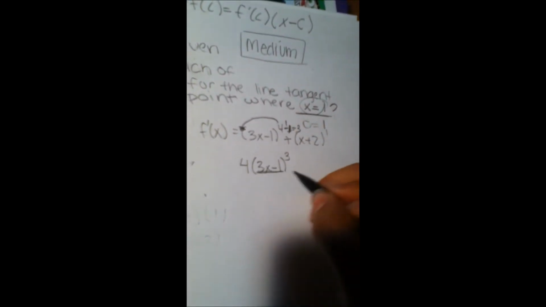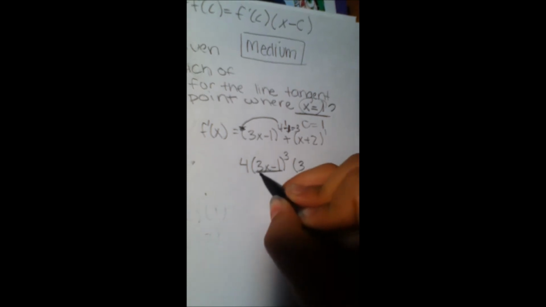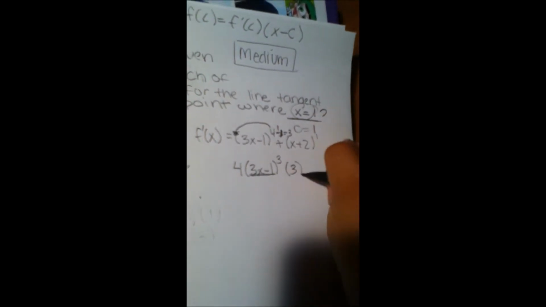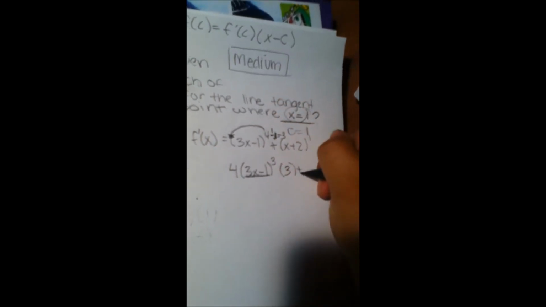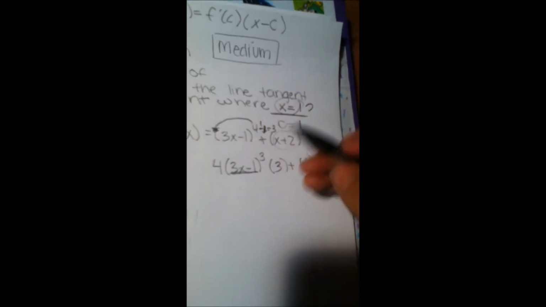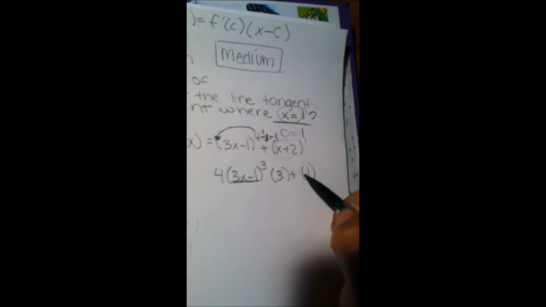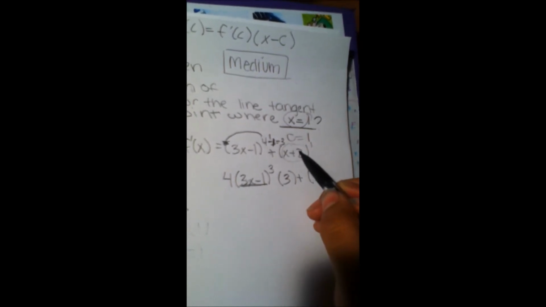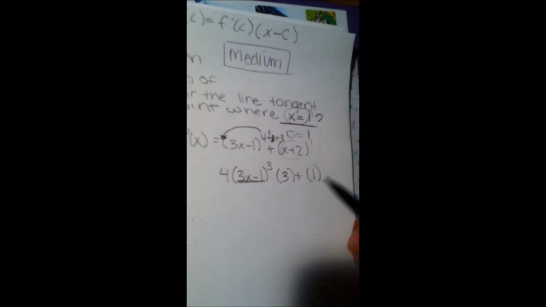And we have to derive the inside, which gives 3, plus the derivative of x, which is 1, and the derivative of 2 is 0, leading us to 1.